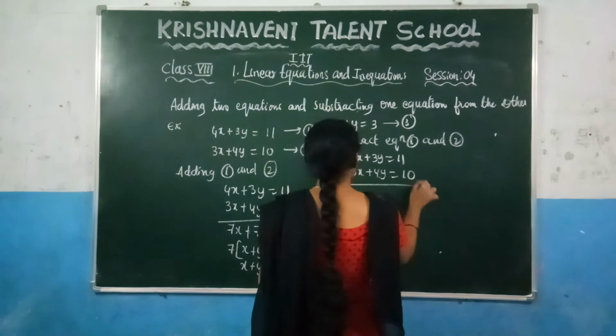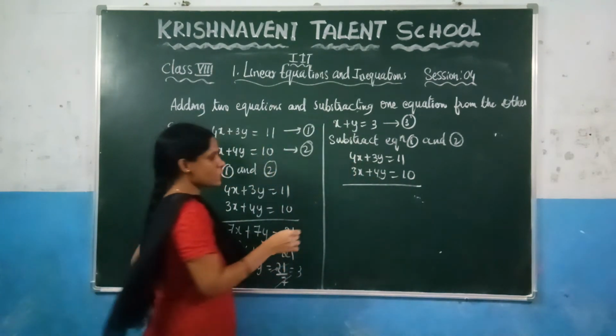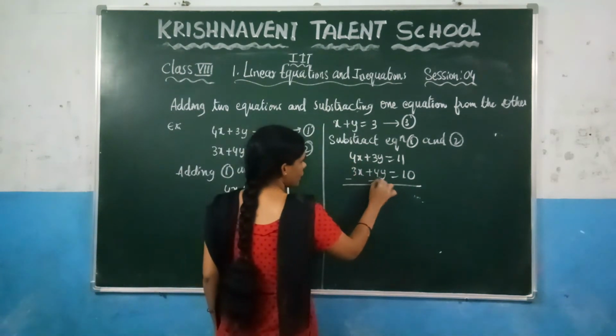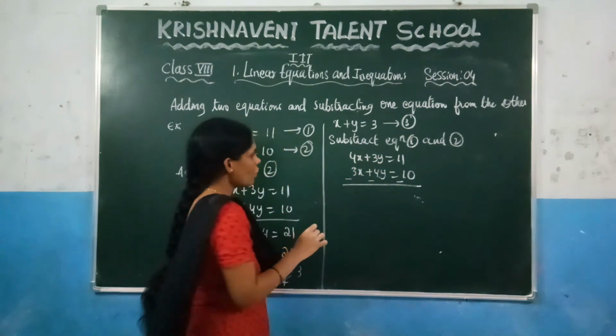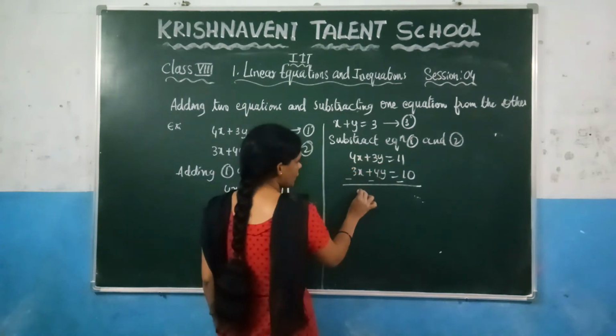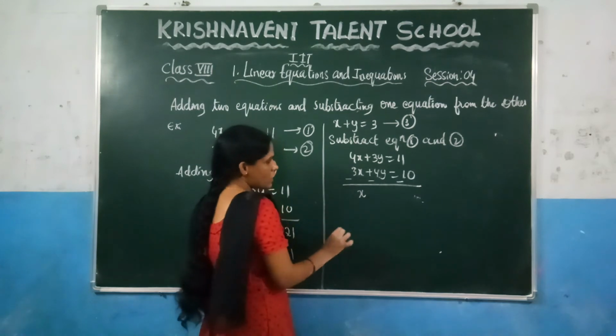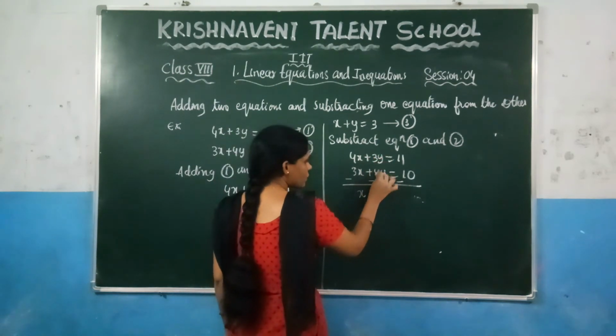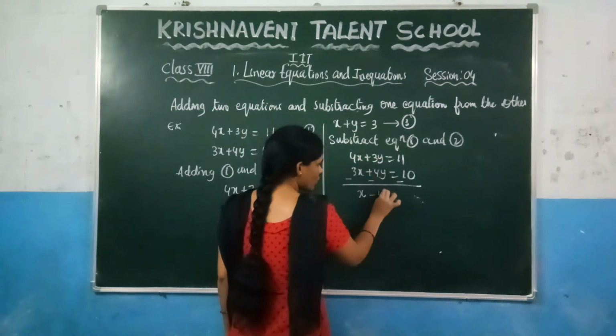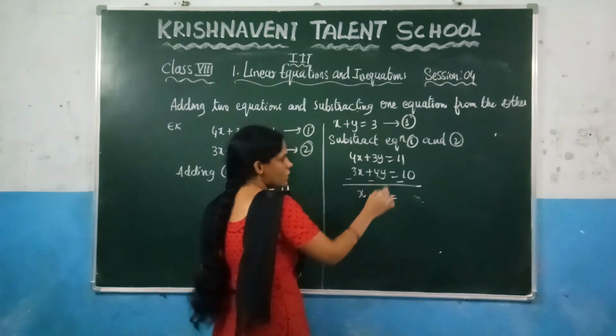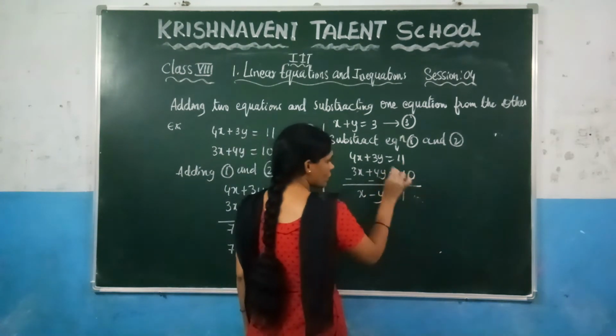Now subtract these two equations, that means just change the signs: minus, minus, minus. The value of 4x minus 3x gives you x, and 3y minus 4y gives you minus y, is equal to 11 minus 10, which gives you 1.